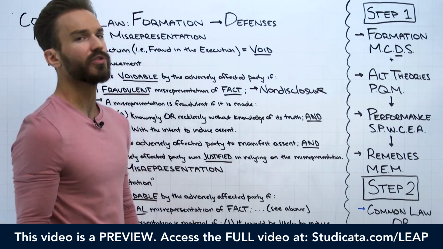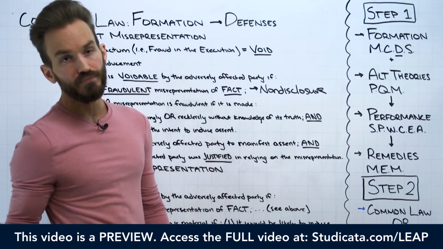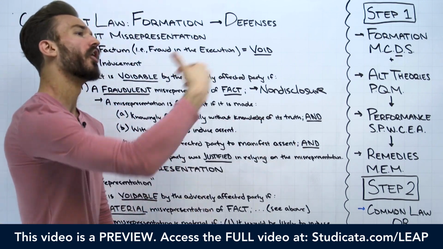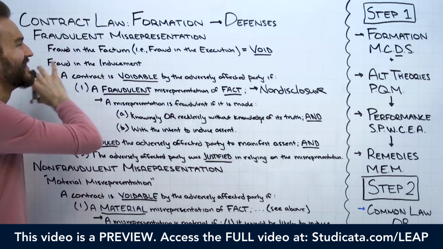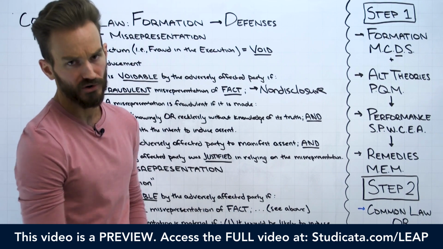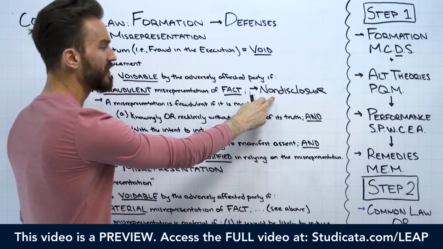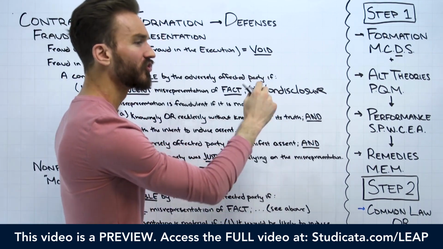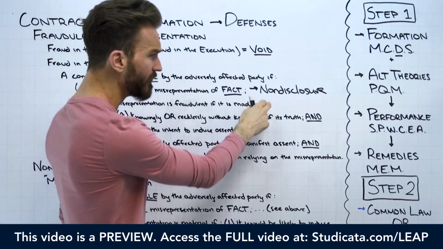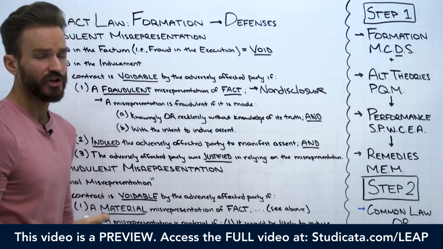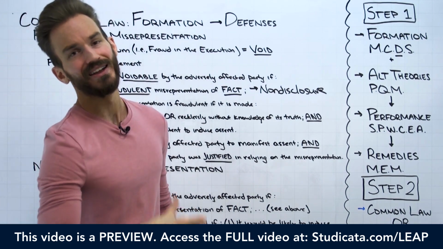Well, of course, later the house gets sold. This new homeowner comes in and discovers all this termite damage. Can they get out of the contract on this idea of fraudulent misrepresentation? The answer there is going to be yes, right? A non-disclosure of a known fact is the equivalent of making the assertion that the fact does not exist, right?